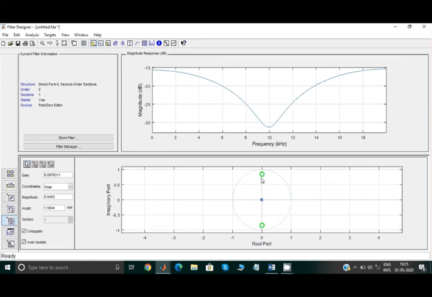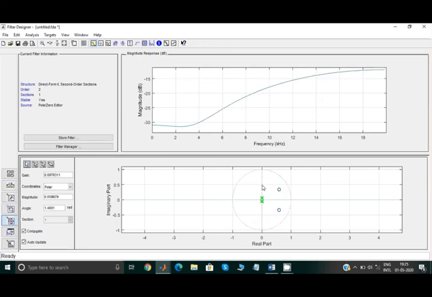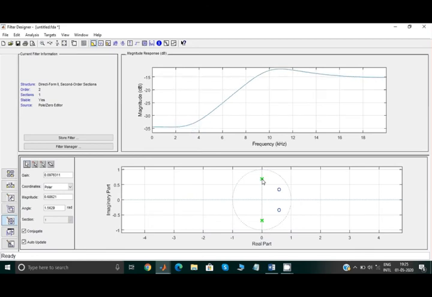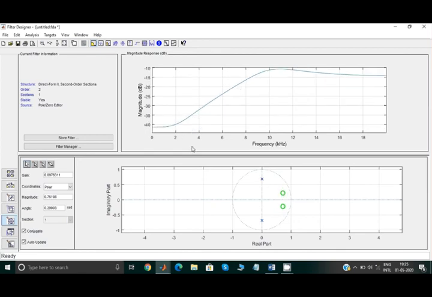So what we can do, we can put a pole immediately at 10 kilohertz. So there will be amplification at 10 kilohertz, but we'll have to shape it. We'll have to get attenuation on the right side also. On the left side attenuation is already there, because we have already put some zeros near to 0.